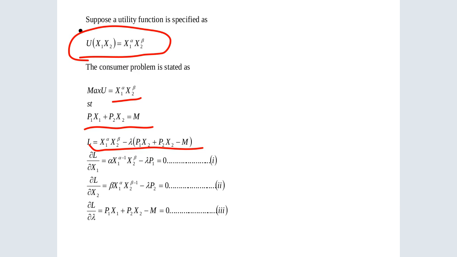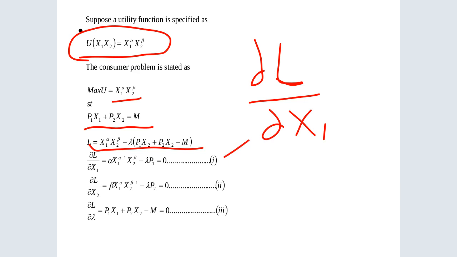So if you find the derivative, that is, the change in that Lagrangian over the change in x1, this is what we'll get. First order condition with respect to commodity 1, you get this equation.